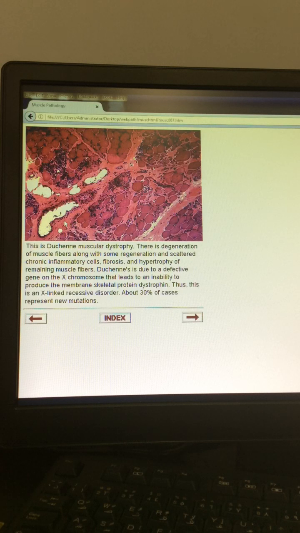اوكي حكيتوا لي اول شيء في الماسكولار ديستروفيز في منهم الدوتشين والبيكر. ايش الكوز للدوتشين والبيكر؟ قبل ما نشوف الميكروسكوبيك بيكتشر. Mutation بالجين على كروموسوم X that encode الديستروفين. ايش هو الديستروفين؟ صوتكم شباب. ممتاز.